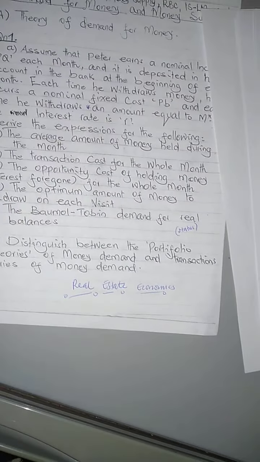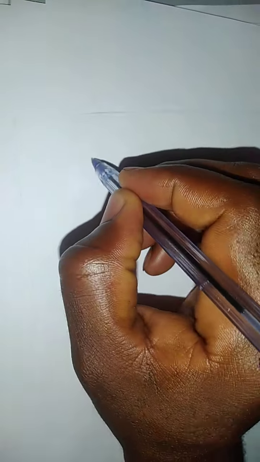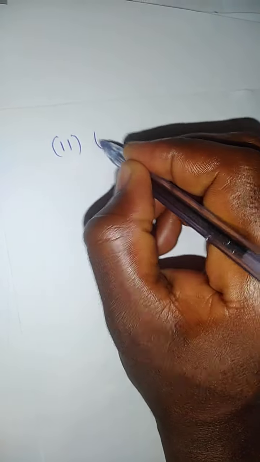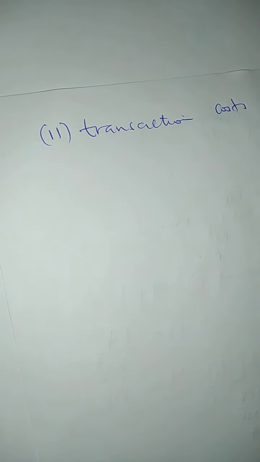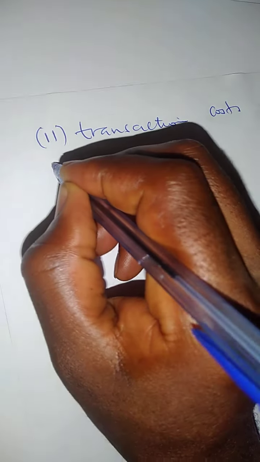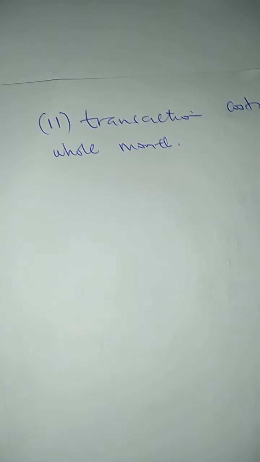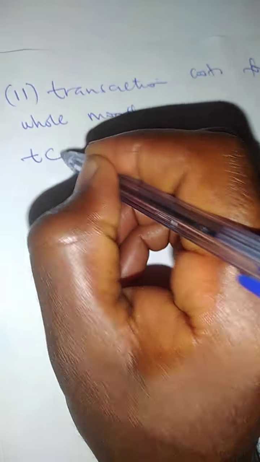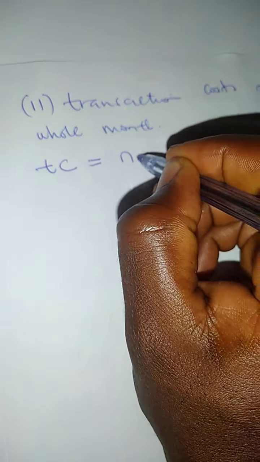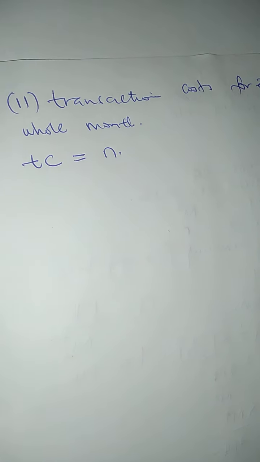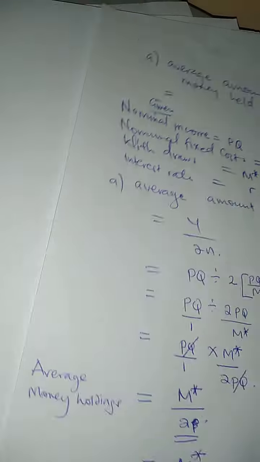Now part B, or Roman 2, is asking for the transaction costs for the whole month. But transaction cost by formula, we can call it TC, is equal to the number of trips to the bank times the fixed cost.